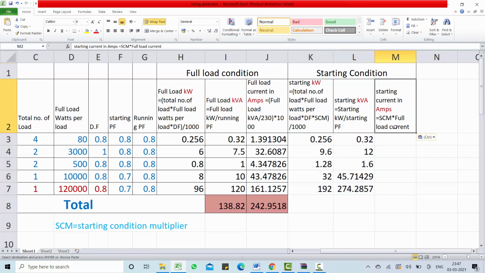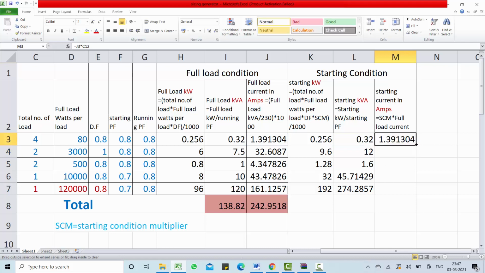Then you calculate the starting current in amps, which is the same as the full load current calculation. We are supposed to use the kVA value and voltage value. Instead of using it in that fashion, the starting current in amps may be calculated as the multiplication of the full load current with the starting condition multiplier.